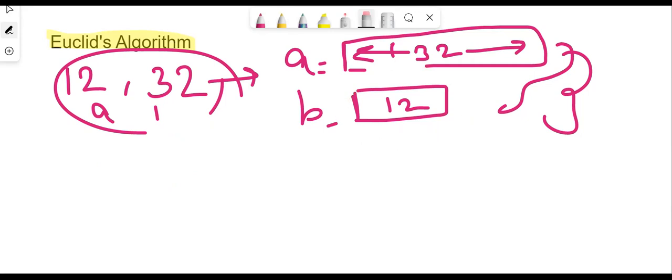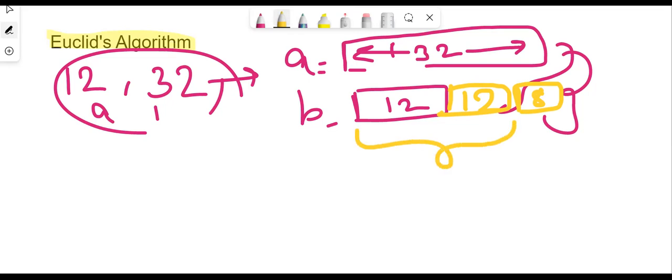Okay. So if this is not the common factor, we know that this B is accompanying these two B's, and we are remaining with a remainder called 8, right? So now we know that this A, which is 32, is accompanied by two B's, which is 12 and 12, and one remainder, which is 8.